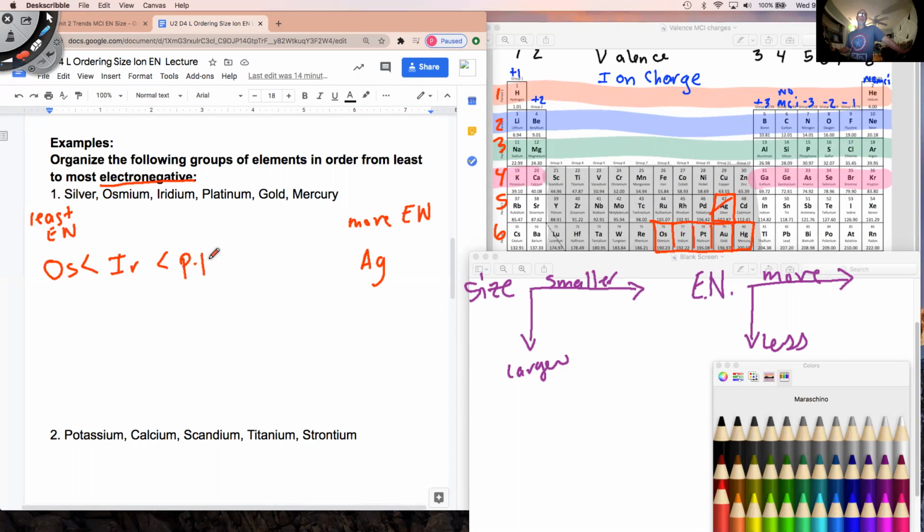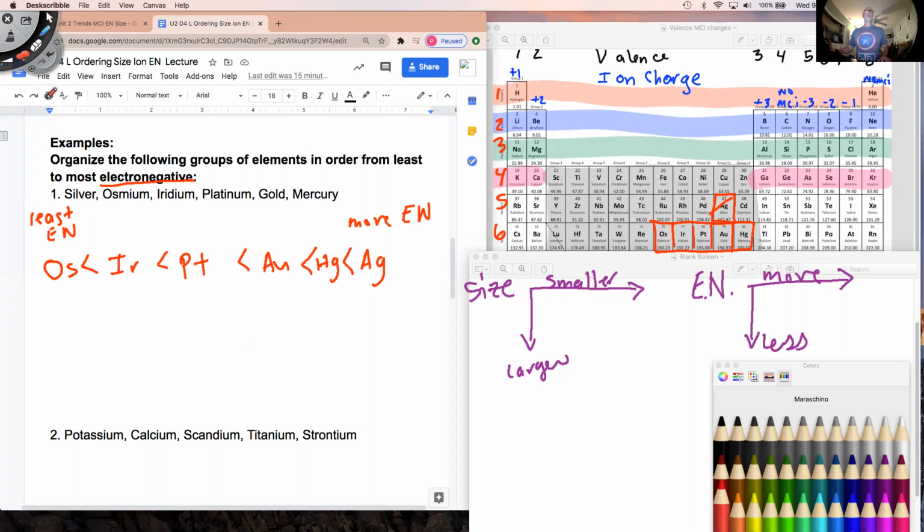I said plutonium earlier, I don't think I did, but then next would be gold, and then mercury, and then silver. It's just going to go in that order. This is the least, going all the way to greater electronegativity as you go up. Okay, so that's how you do that one.